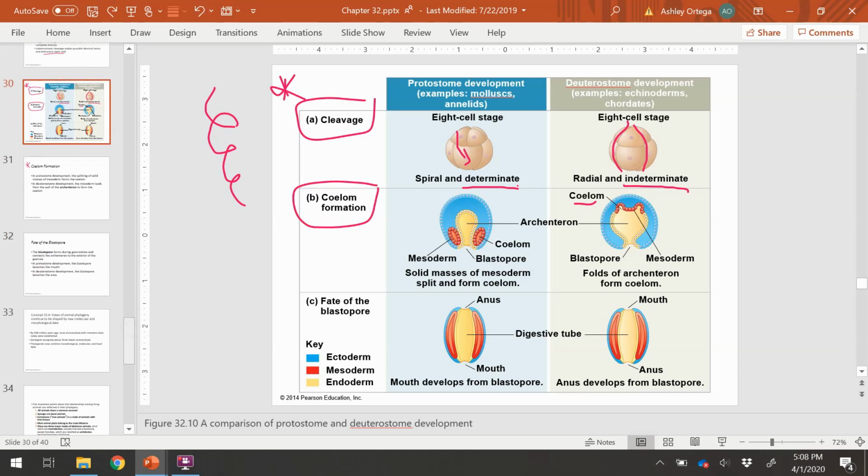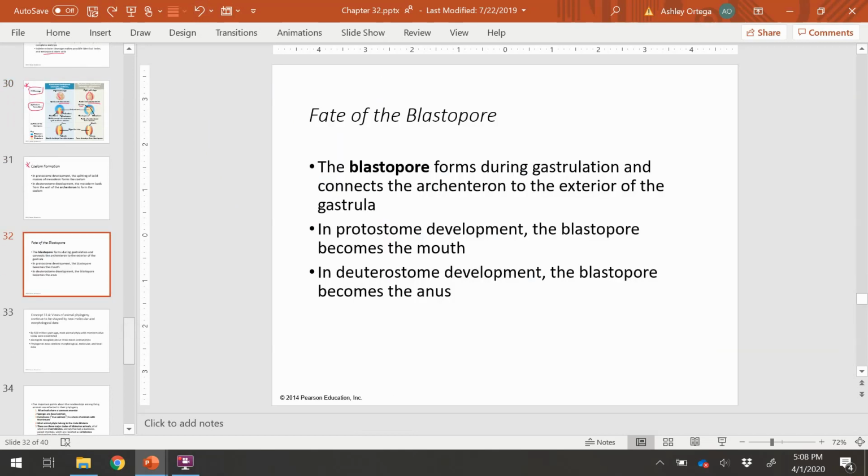And then the last structure that's important is the fate of that opening. So when the blastula pinches inward and makes the opening for the gastrula, that's called the blastopore. It makes sense, right? The pore of the blastula.